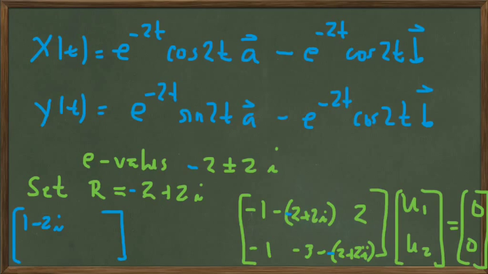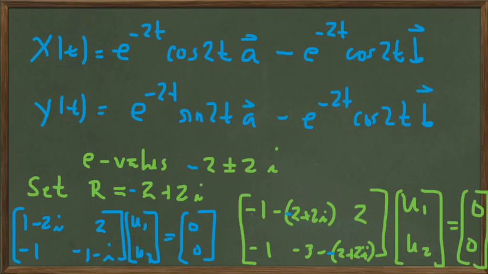This one stays the same as a 2. This one stays the same as a minus 1. And then minus 3 minus 2 plus 2I becomes a minus 1 minus I here. So we're solving that times U1, U2 equals 0, 0.